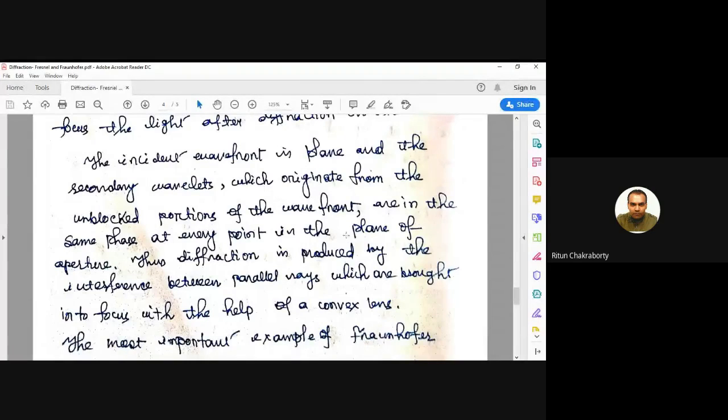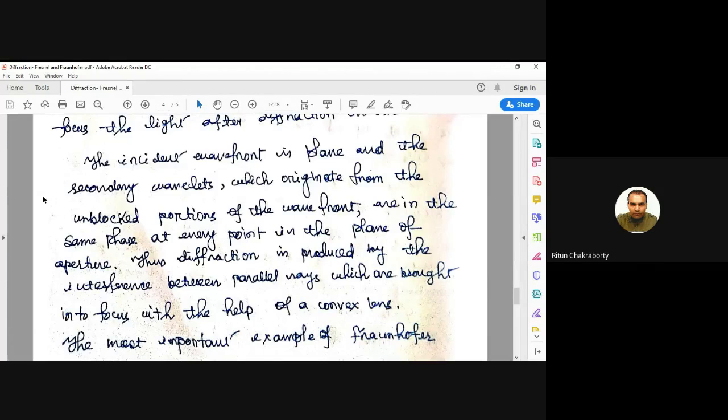And secondary wavelets, which originate from the unblocked portions of the wavefront, are in the same phase at every point in the plane of aperture. This is another difference. In the earlier case, in case of Fresnel type diffraction, the wavefront was spherical or cylindrical, and therefore the phases of different portions of the wavefront were different.